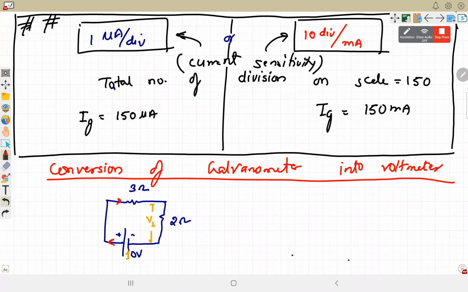Current is 2 ampere. Let's say current is I, which is equal to 2 ampere.